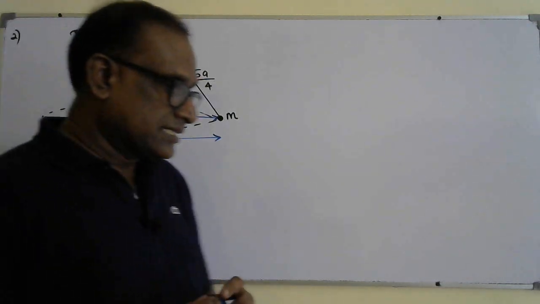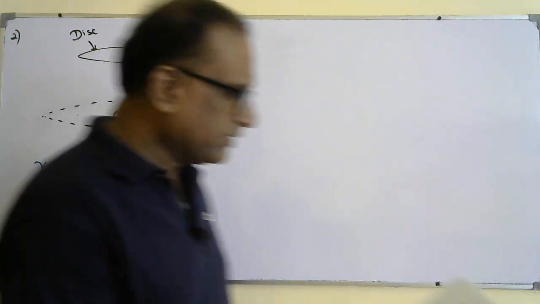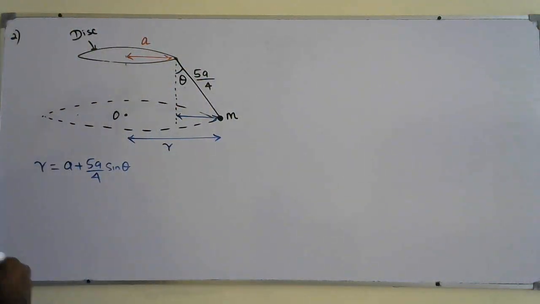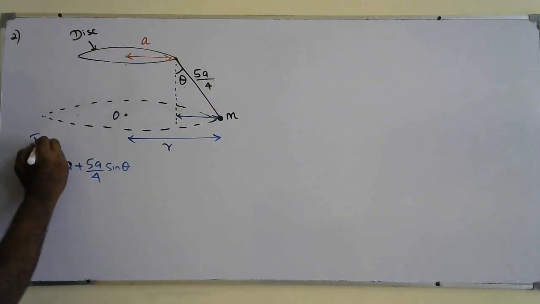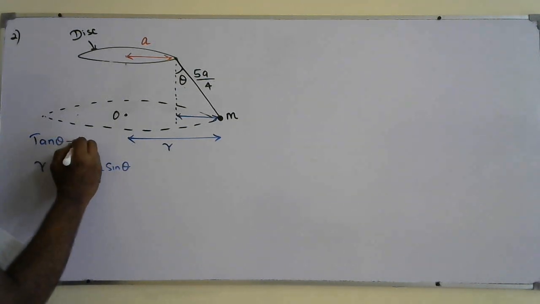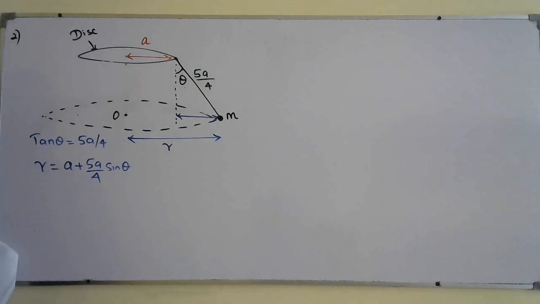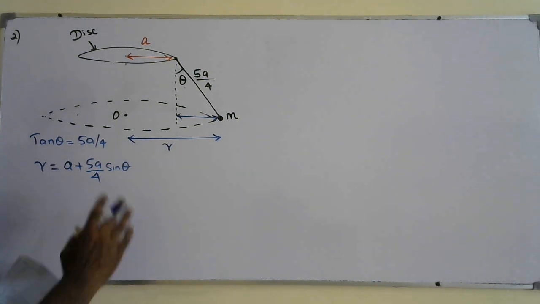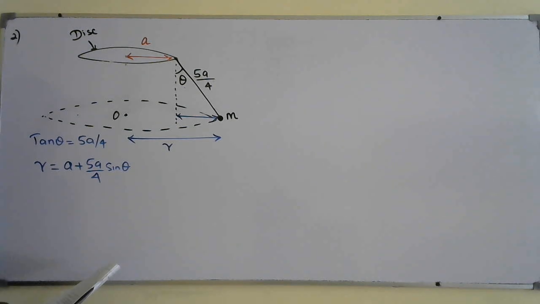That is the radius. But sin theta is not given in the question, tan theta is given in the question. Let me correct that: tan theta is equal to 3 by 4, I wrote something else, sorry.